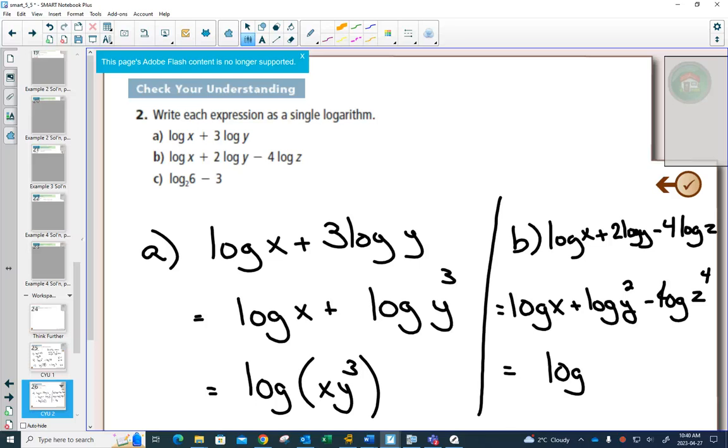The shortcut that I'm going to teach you is that if you have adding and subtracting in a question combined, whatever is added will be multiplied together in your numerator, and whatever is subtracted will be divided in your denominator.